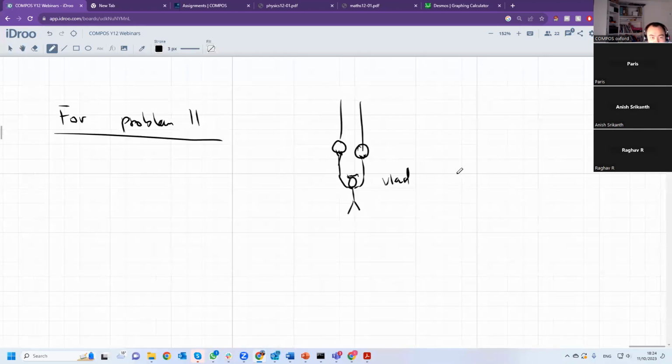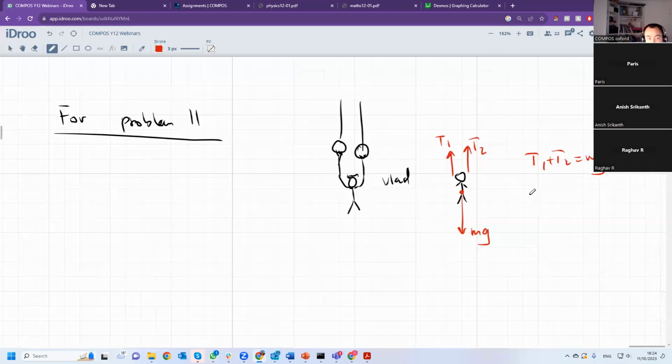So if you draw a force diagram, there are three forces. There's the mg pulling me down, and there's two tensions, T1 and T2. We need to find both tensions in terms of mg. If they are the same, they are not the same in your question 11, but if they are the same, we can say that T1 plus T2 is equal to mg, because the upwards forces have to equal the downwards forces if the object is stationary.